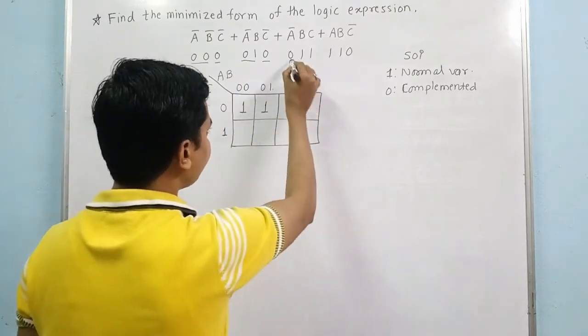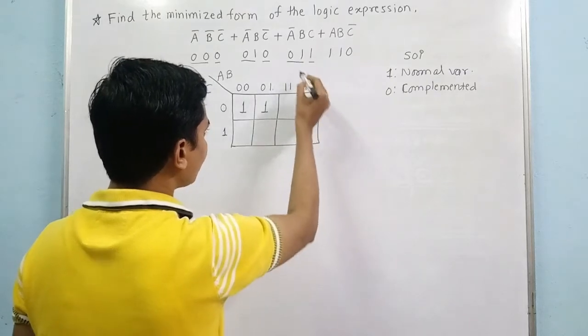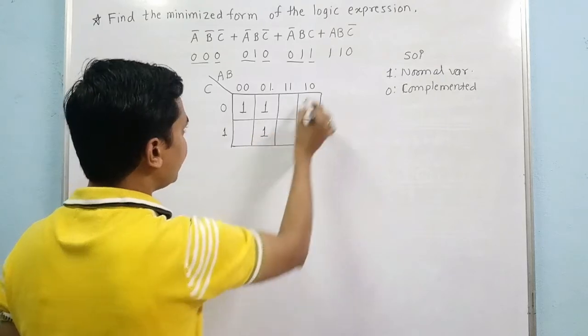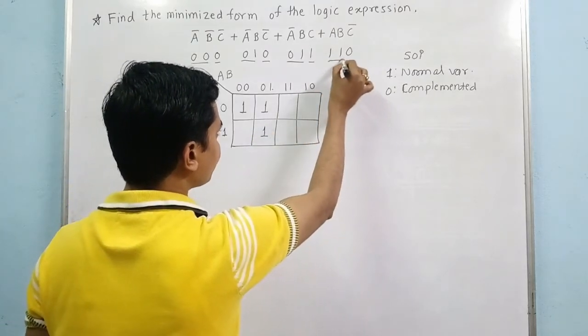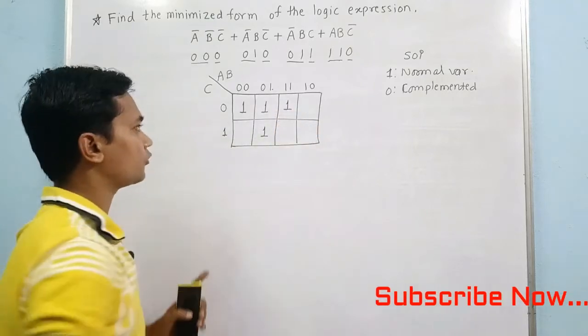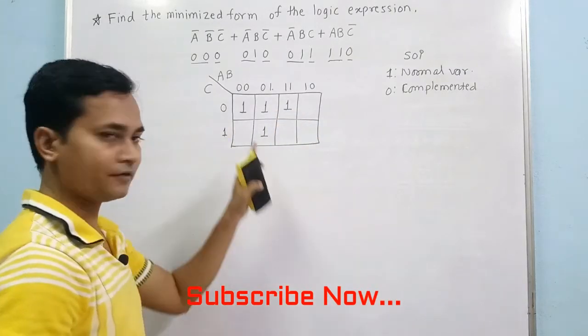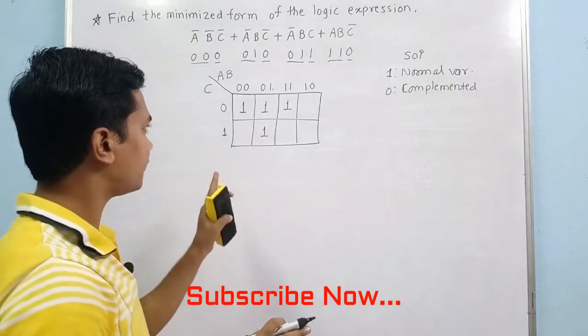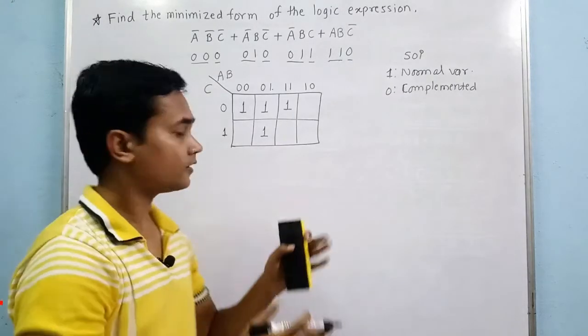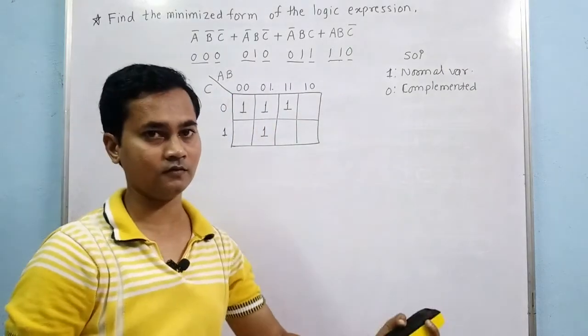Now the next one is 0 1 1: 0 1 and c is 1, so write 1 here. And the last one is 1 1 0: 1 1 and 0. This way we have written the ones for which the expression becomes 1 or true.